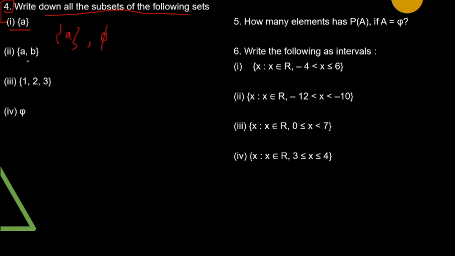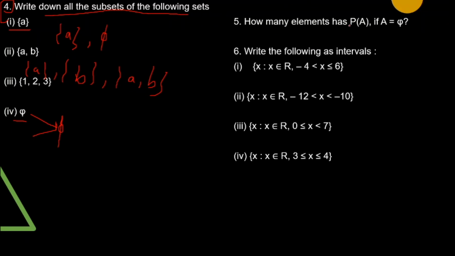Here we have {A}, then {B}, then both elements together, {A, B}. Okay, what about this one? Only {5} alone will be there.